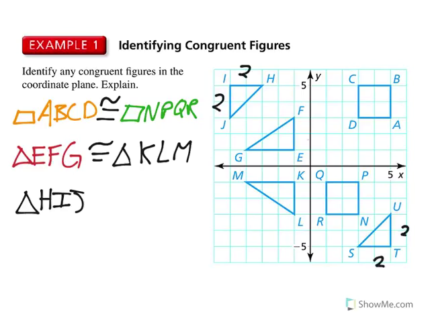They're right triangles. So these are congruent. They're the same size, same shape. So I could say that they are congruent. And it would appear that these ones were rotated. This would be rotated 180 degrees all the way around. And it was just rotated around the origin.